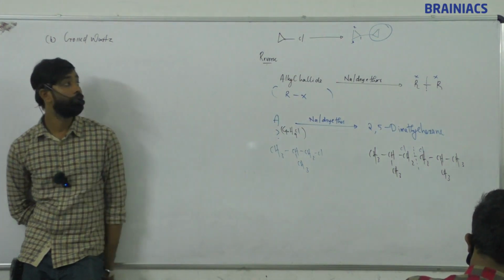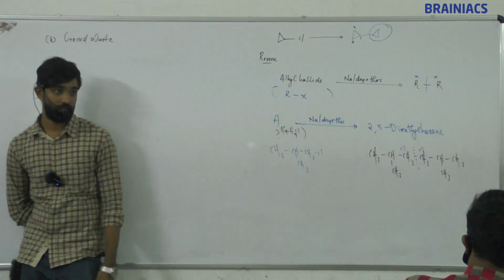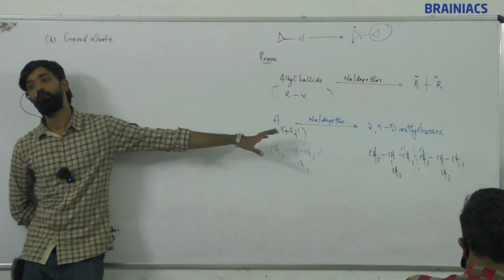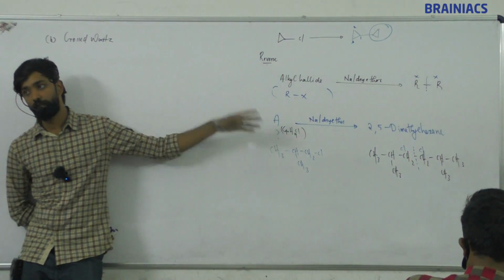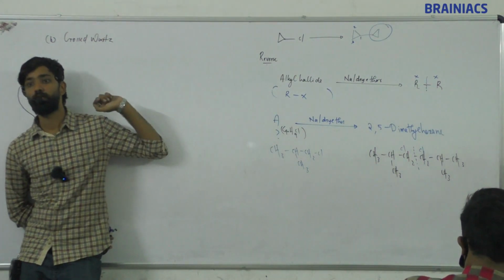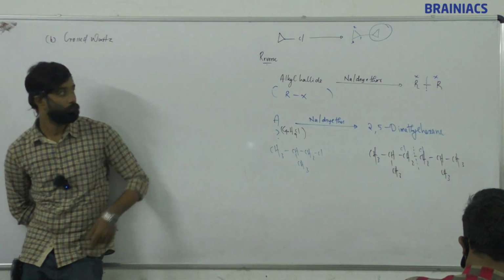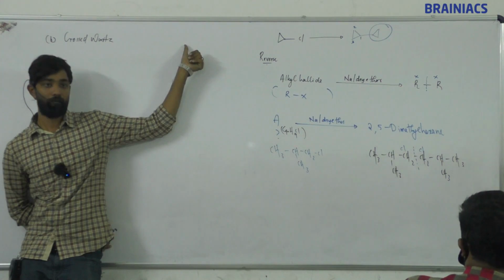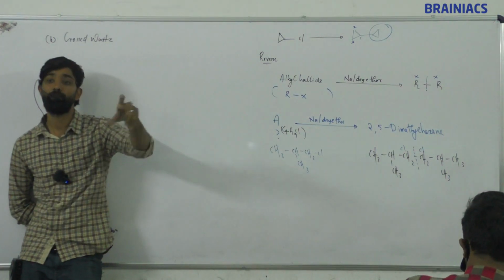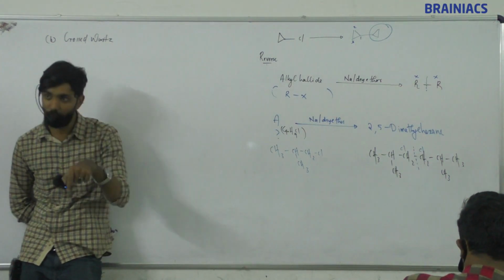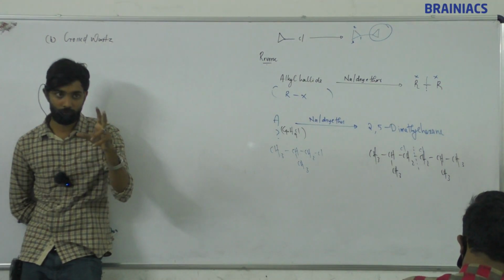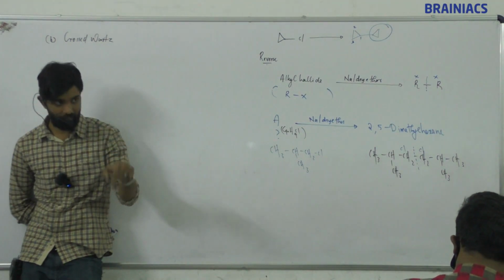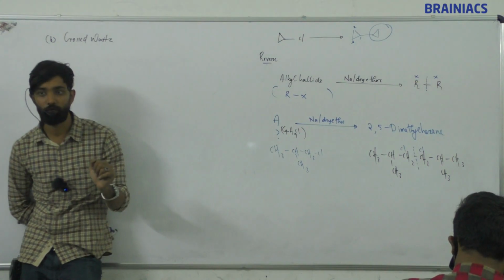If the two carbon-halogen bonds are from the same molecule, then it is said to be simple Wurtz reaction. If it is from different molecules, it is said to be crossed Wurtz reaction. Which means from different alkyl halides. And if the two carbon-halogen bonds are from a single molecule, then it is said to be internal Wurtz reaction.